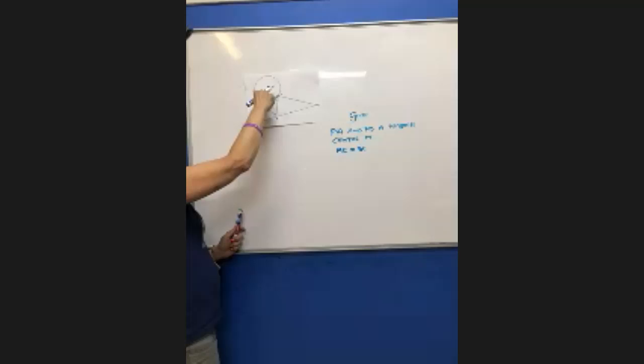What else? Another red: BC is parallel to PQ, right? Red BC, this line here, B is parallel to PQ.